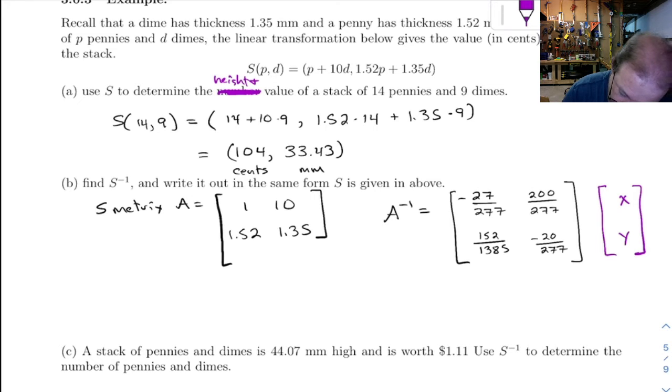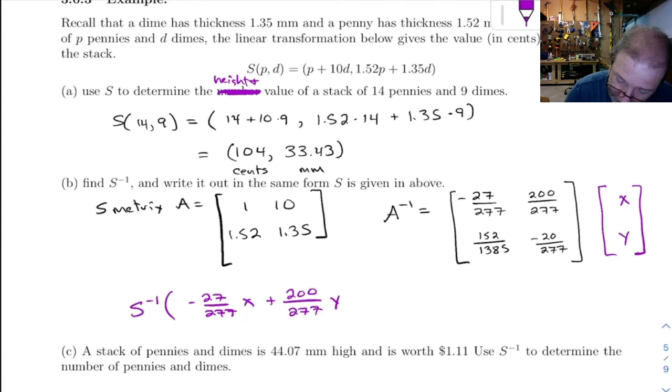So our inverse is going to give us negative 27 over 277 x plus 200 over 277 y, comma, 152 over 1385 x minus 20 over 277 y.